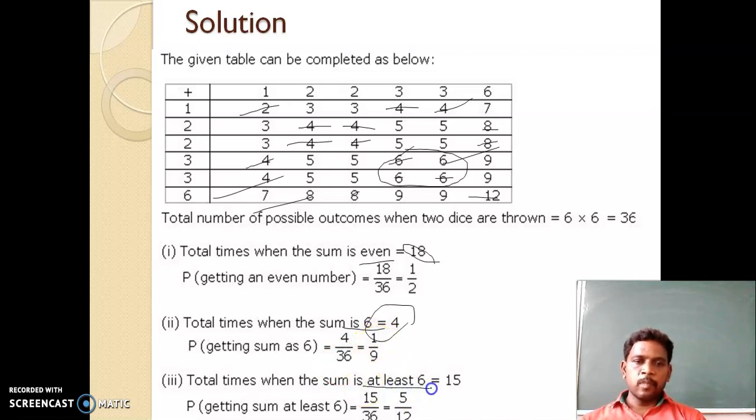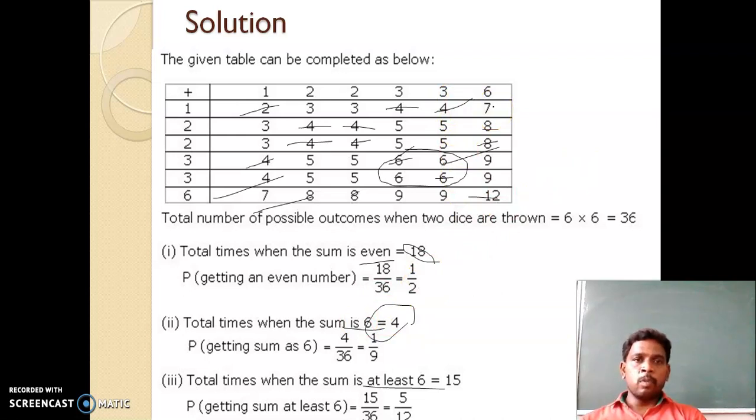At last, finally, at least 6. At least 6 means minimum 6. That is the meaning, so we can include the maximum whatever it is. So we are going to find out how many numbers are there from 6 and above.